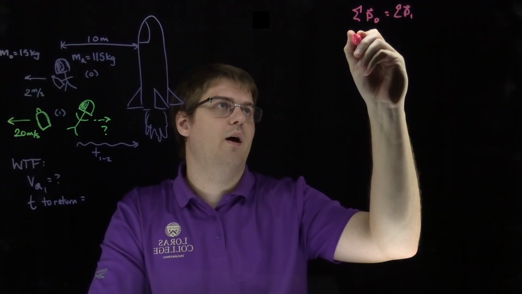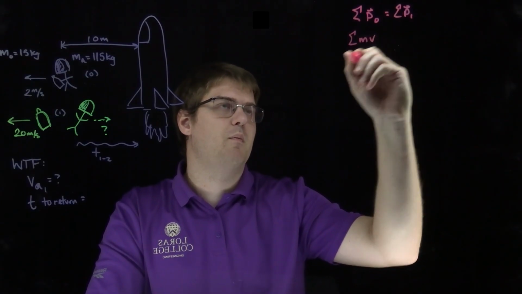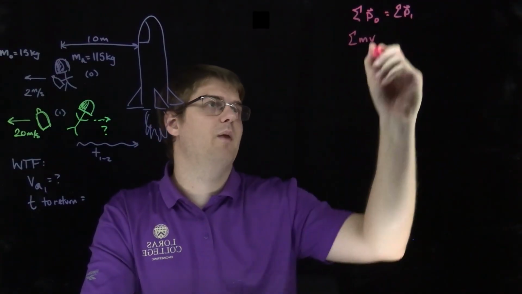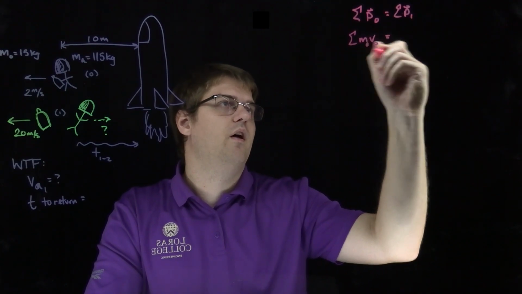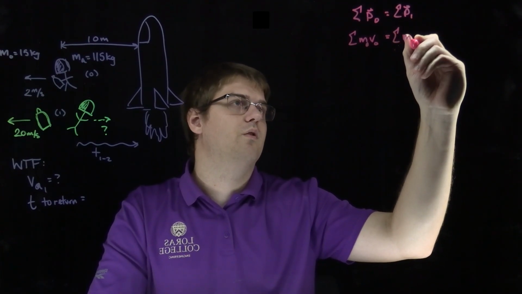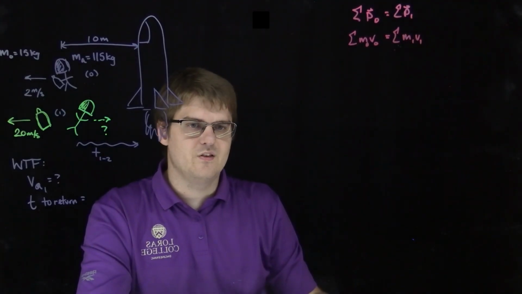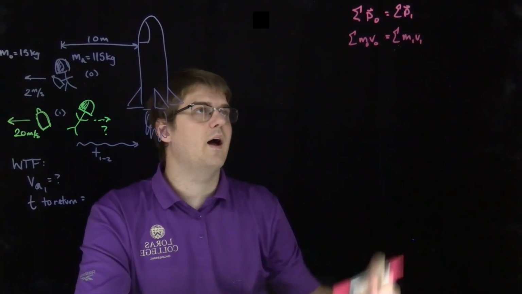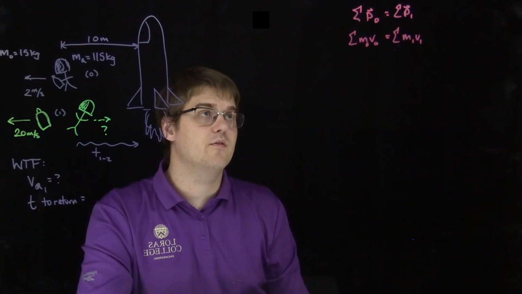I write in my sum of my masses times my velocities, and I just write mv, mass times velocity, out. The sum of my masses at time 0 times my velocities at time 0 is going to be the sum of masses times my velocities at time 1. It's a lot simpler to write out. Makes it so that we've got one less letter that we have to always be taking care of.